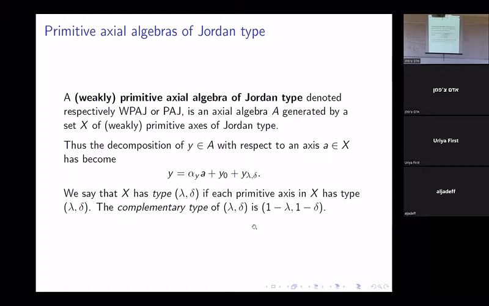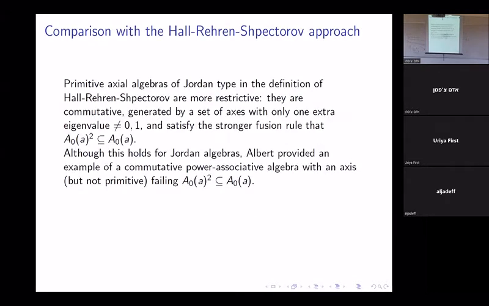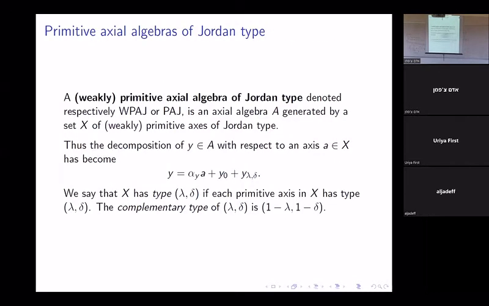There's nothing that says at the outset that all the axes have to have the same type. And so another type that comes up all the time is the complementary type, which is 1 minus lambda and 1 minus delta. And these can come up.